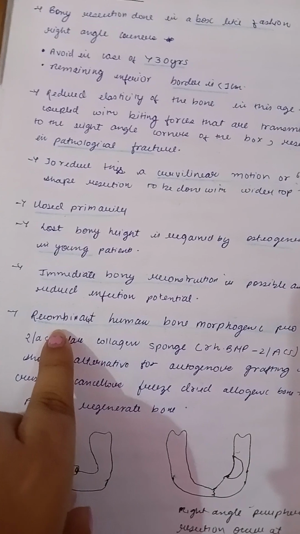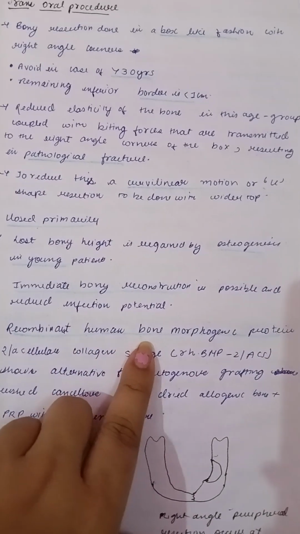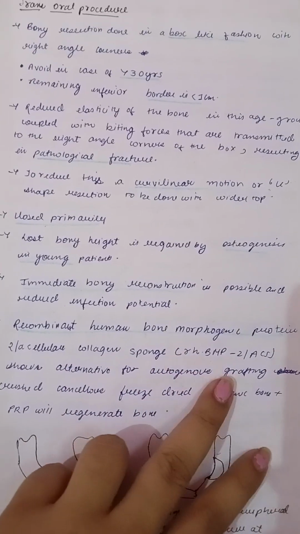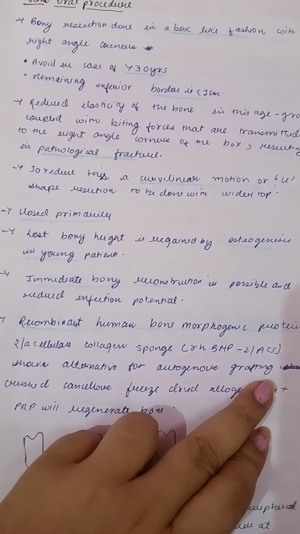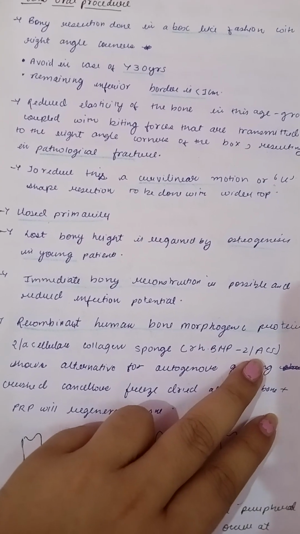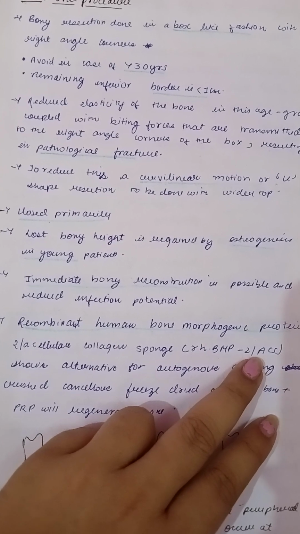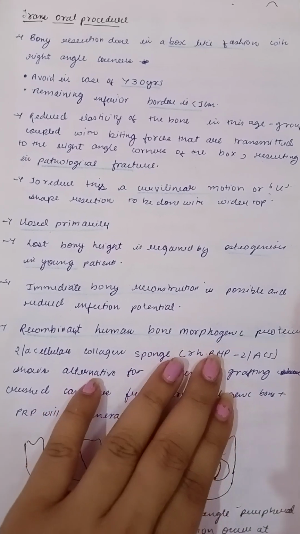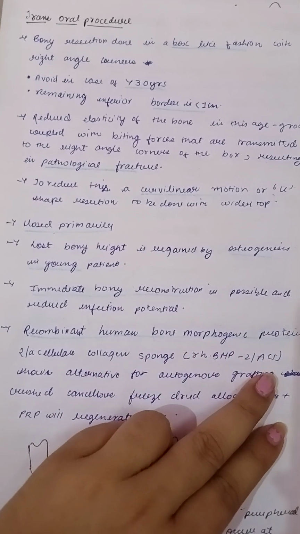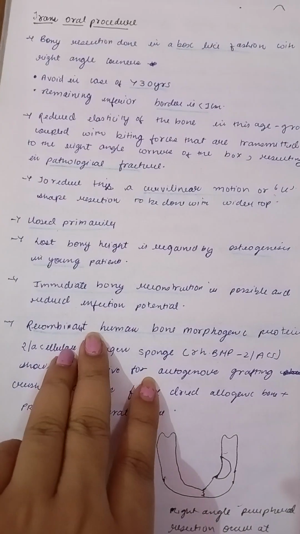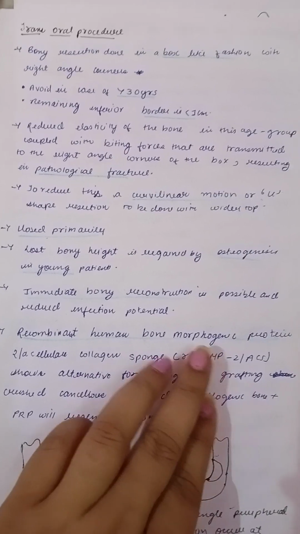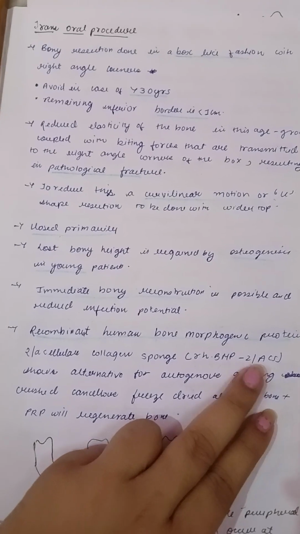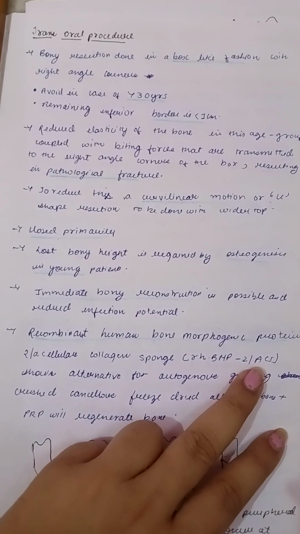So recombinant human bone morphogenic protein on an acellular collagen sponge, that is rhBMP-2/ACS. RH is recombinant human, BMP is bone morphogenic protein, so this is written as rhBMP-2/ACS, that is acellular collagen sponge.